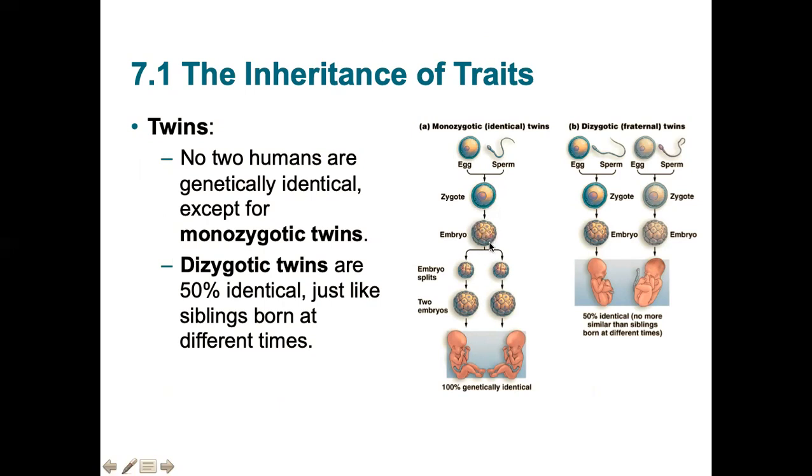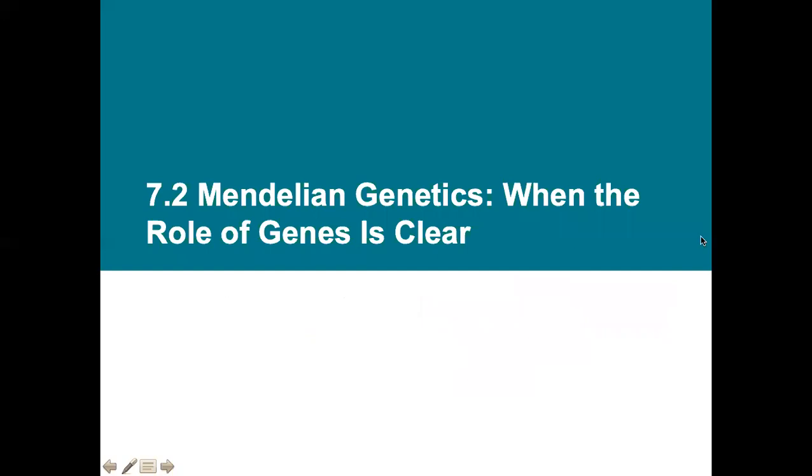But then instead of that just continuing to divide into a full fetus, it splits at the embryo stage and you end up with two embryos. That's how you end up with identical twins, because it was the identical genetic copy. Whereas fraternal twins are two eggs, two sperm, two completely random possibilities, and they just happen to be fertilized at the same time and carried at the same time.